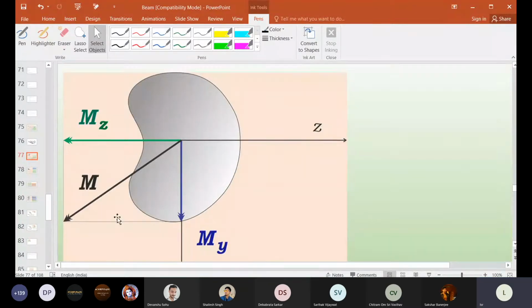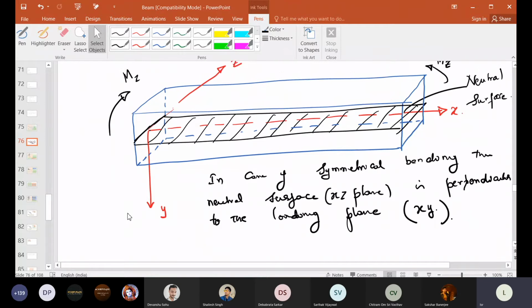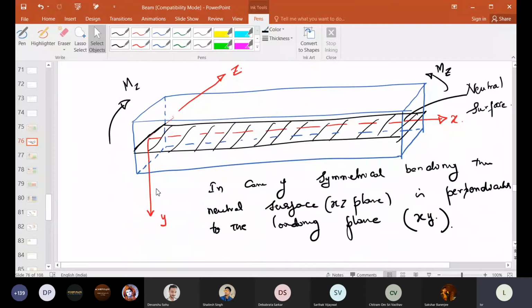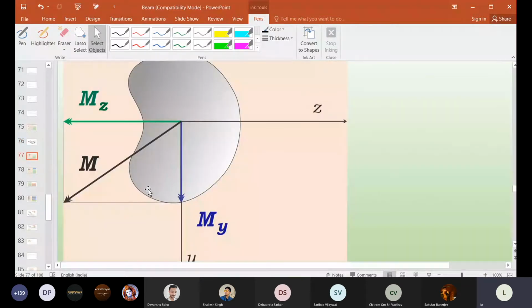The moment was not in either the y direction or the z direction. To simplify our analysis, we will take the component of M along the y axis and the component of M along the z axis. The analysis becomes slightly simpler actually. So that's what we will do.